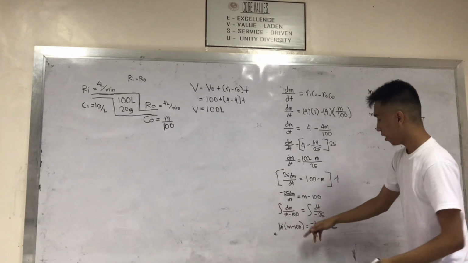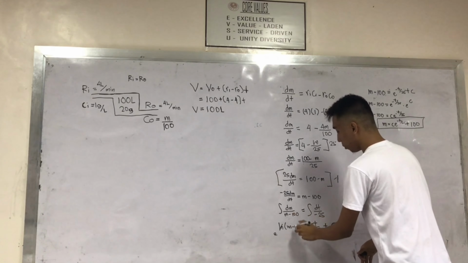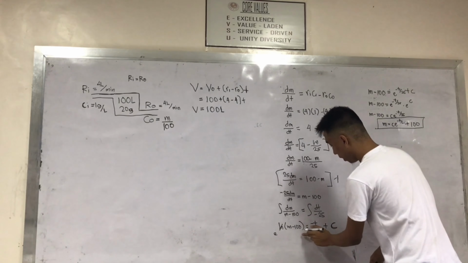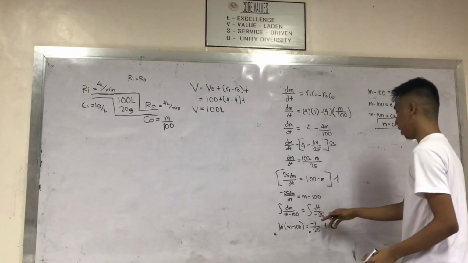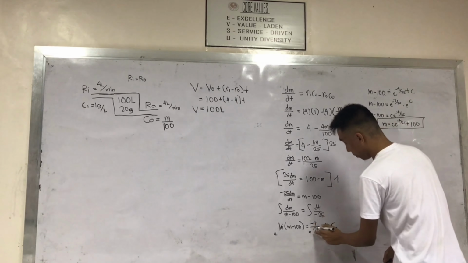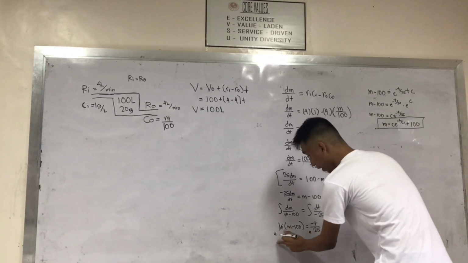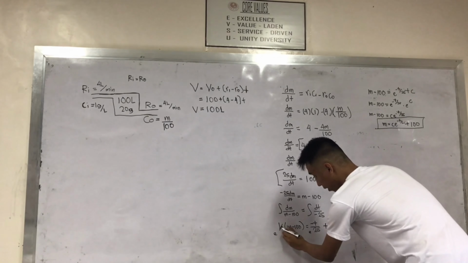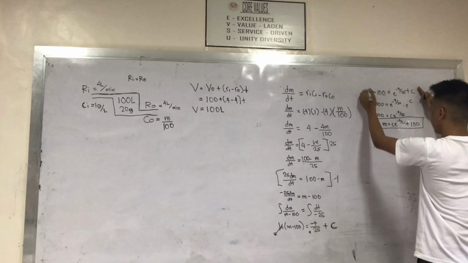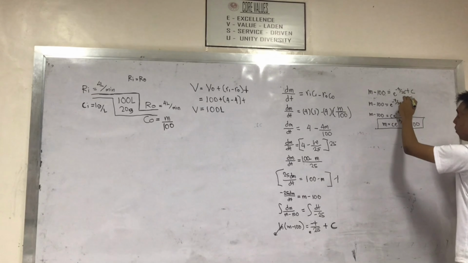Now we integrate. The integral of dM over M minus 100 is equals to ln M minus 100, and the integral of dt over negative 25 is equals to negative t over 25. We will raise this with the e so that we can cancel this. It becomes M minus 100 is equals to e negative t over 25 plus c.